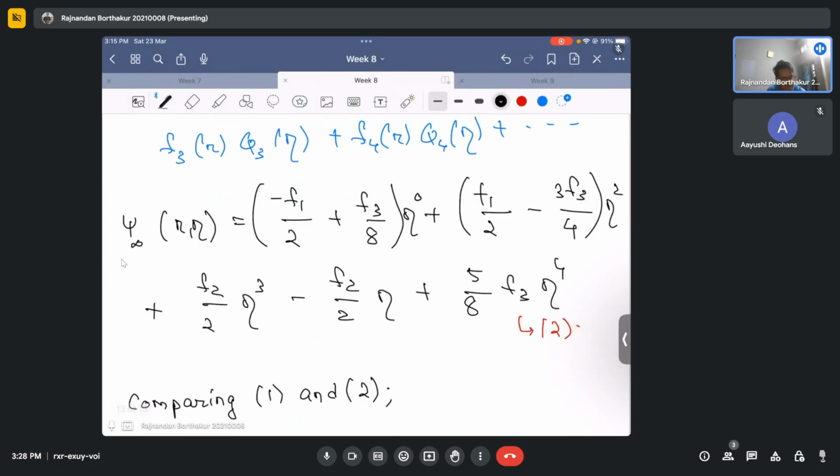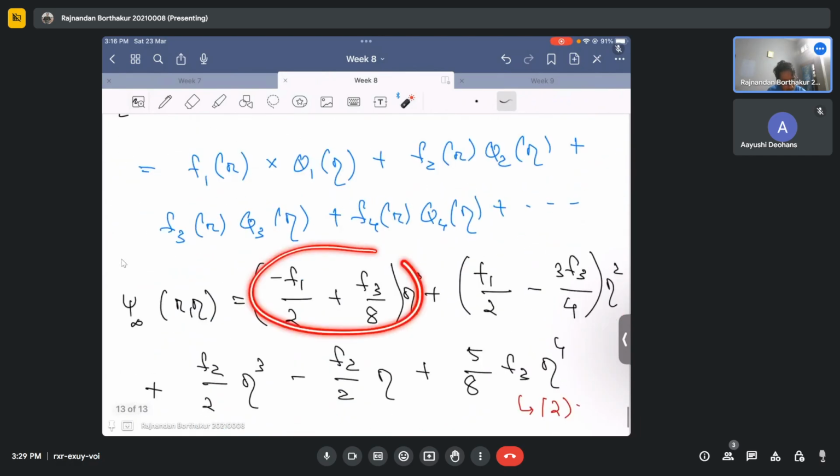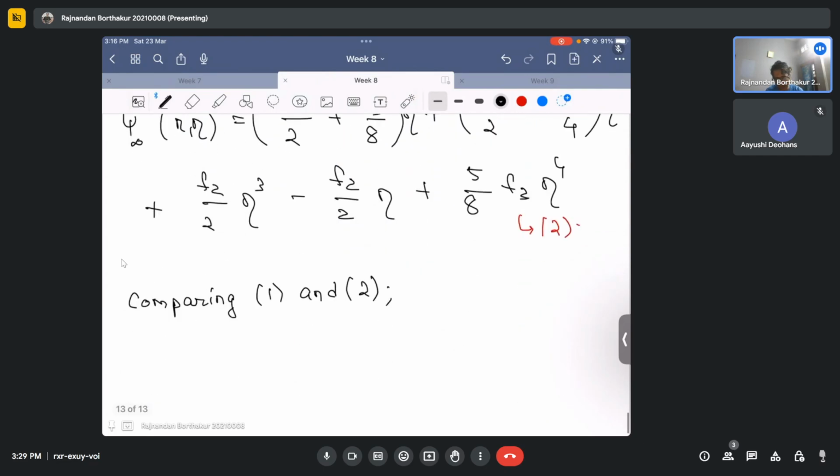If we compare the η⁰ term, this term is equal to this term, where f1, f2, f3 are some functions of r.